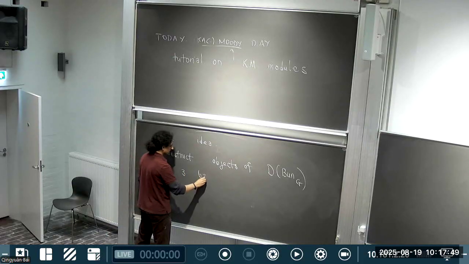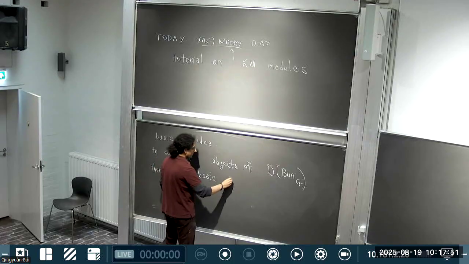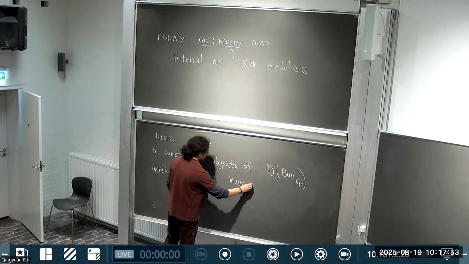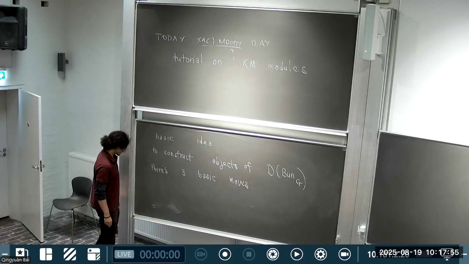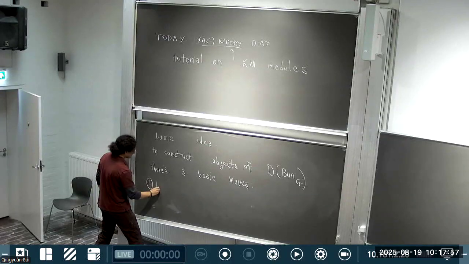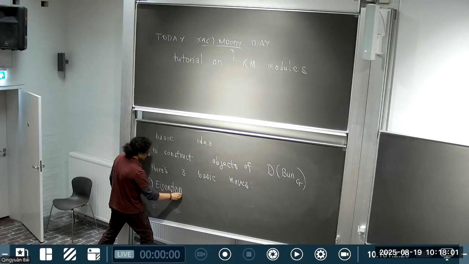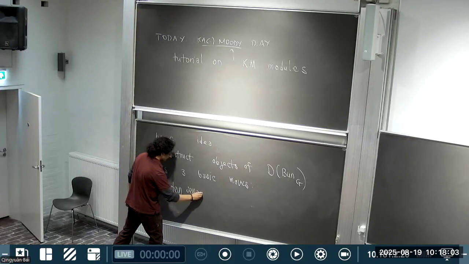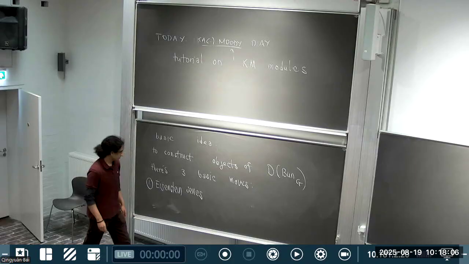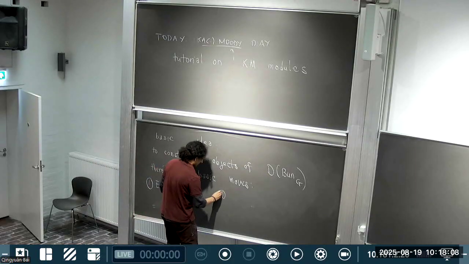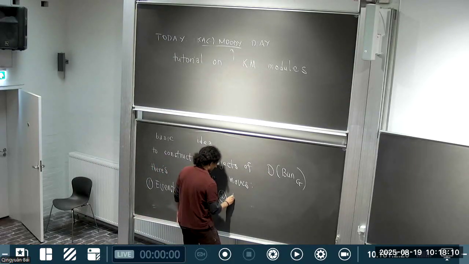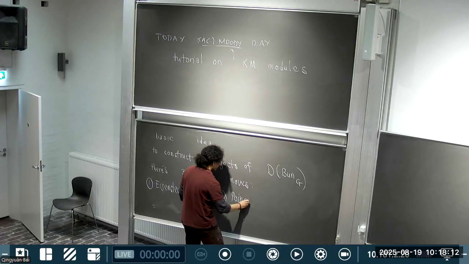One is Eisenstein series and parabolic induction. Two is, as we thought in the very last slide, the Poincare series.